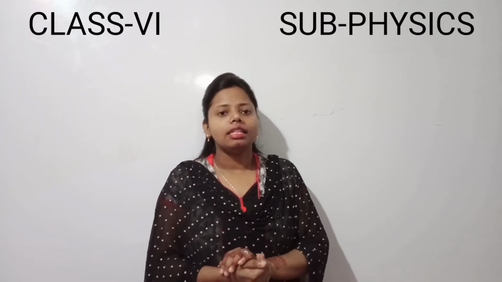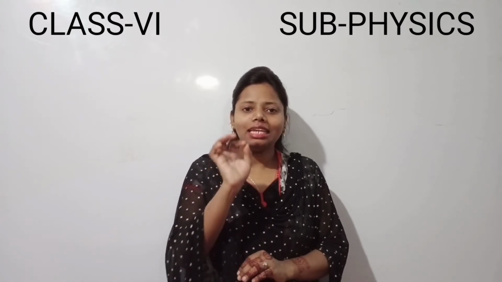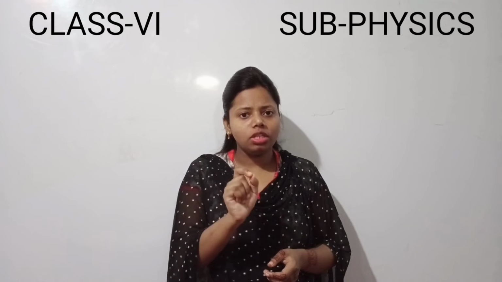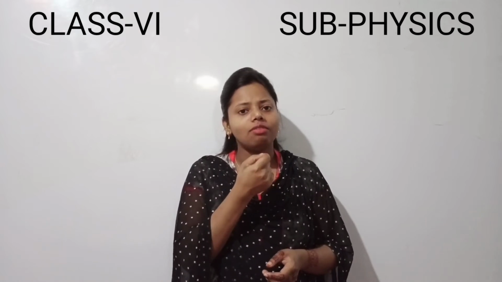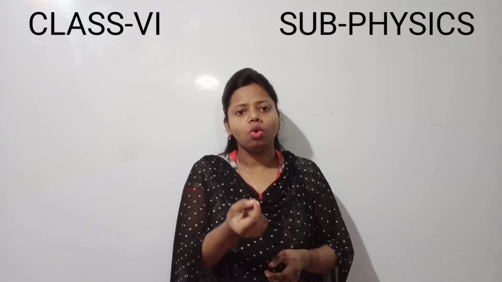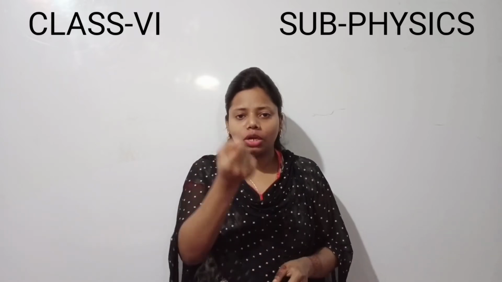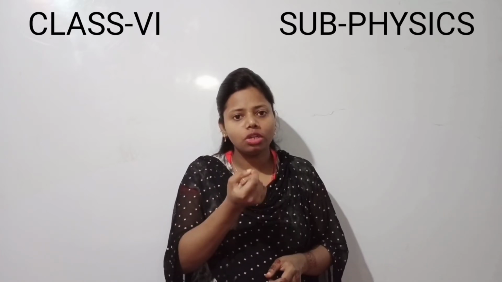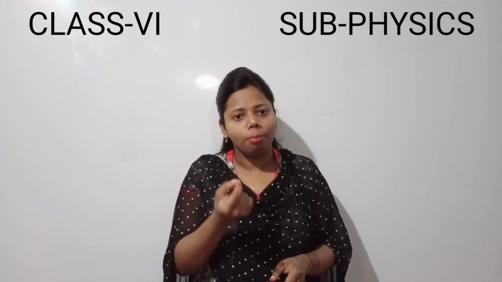And there is also a slight kink, K-I-N-K, above the bulb, so that when we put this thermometer under our tongue and take it out, the mercury does not go back to the bulb.